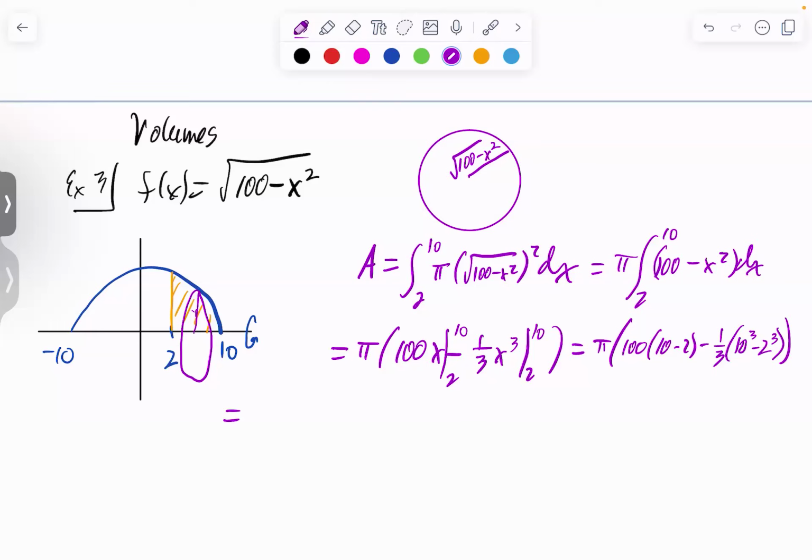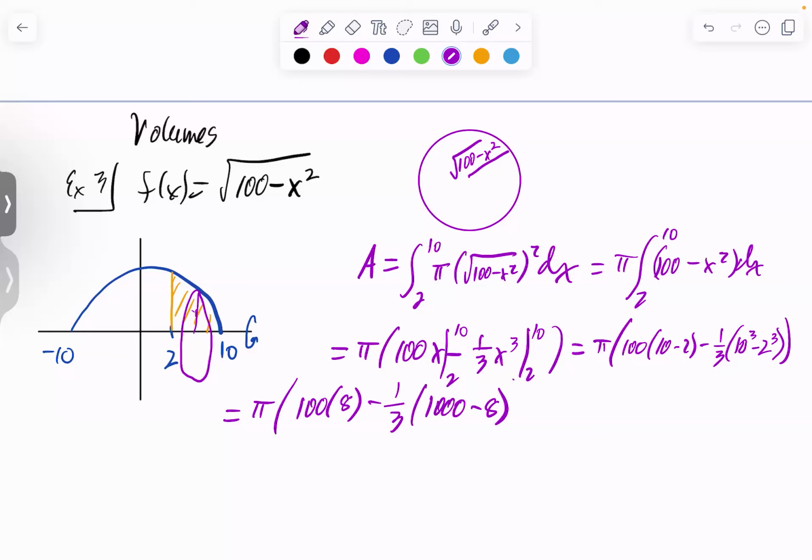So let's punch all that together. All right, so let's see what we get here.